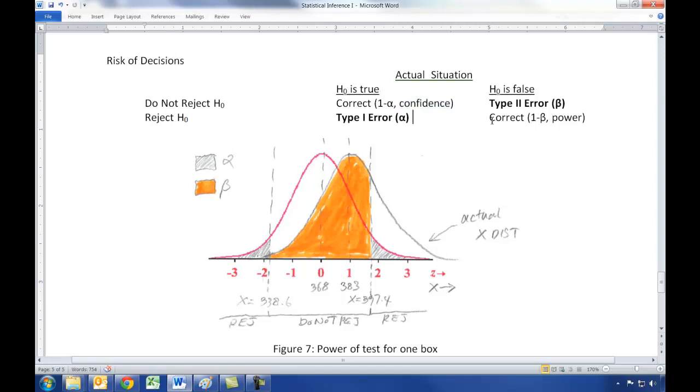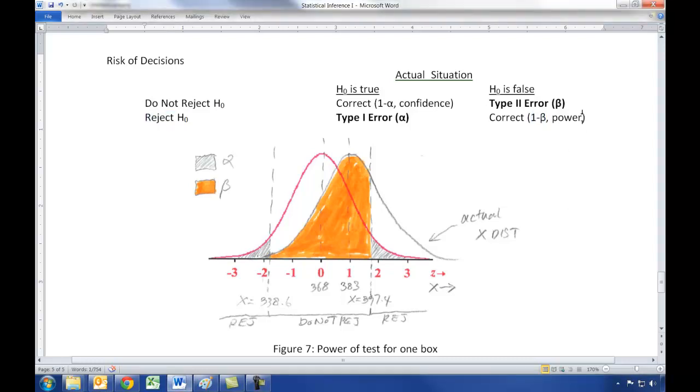And the second way of making a correct decision here, the probability associated with it is 1 minus beta, and we call it power because it's the power of the test that could correctly reject the null hypothesis when indeed the null hypothesis is false.